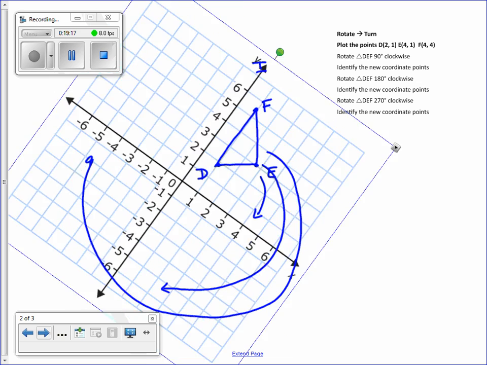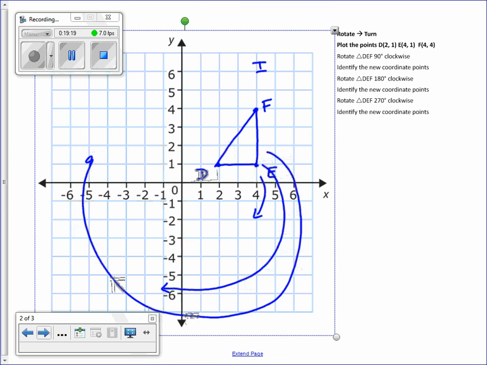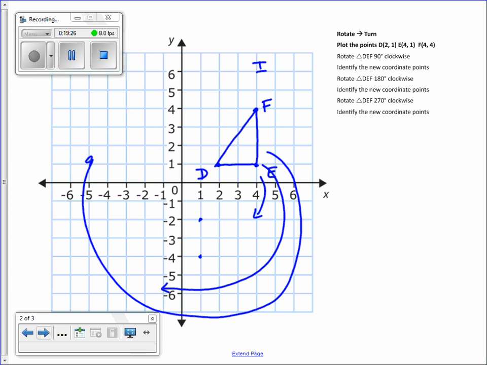You should have, when you're done with your notes, that DEF here. You should have DEF here.